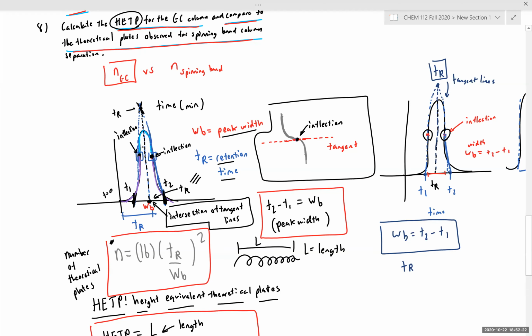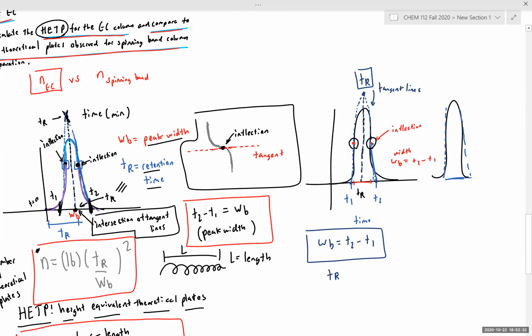First, what we do is we look for the inflection points, which are the points where our line changes in terms of slope. We identify our inflection points and then we draw our tangent lines. Our tangent lines, when they cross the x-axis, will give us the start and end of our peak.